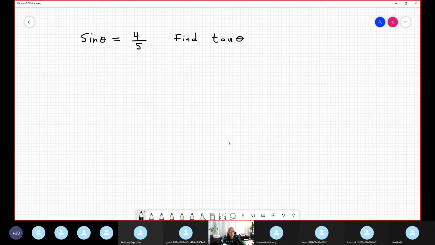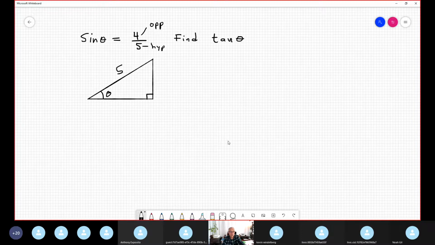In this case, it's giving only one trigonometric function. So we cannot use identities, because identities relate trigonometric functions, and you have only one. So using the triangle is the best way. We draw one triangle, 90 degrees. I call this corner theta. According to the definition, this is opposite, this is hypotenuse.